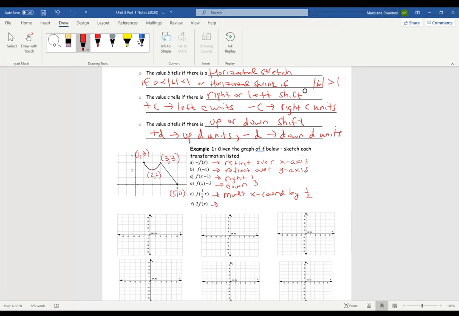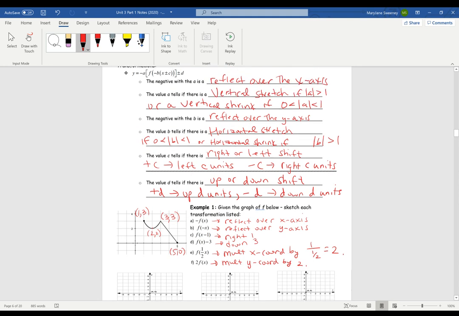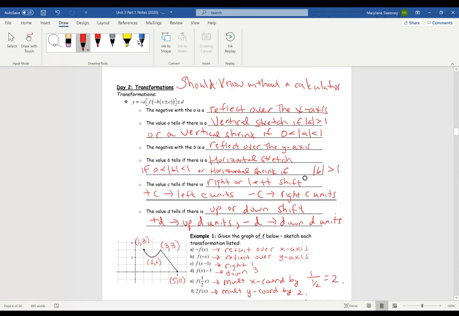And this one with the 2 out in front, this is going to be multiply y coordinate by 2. Oh, I'm sorry. This last one, multiply the x coordinate by 1 over 1/2, which is 2. And actually, I should maybe put this up here.